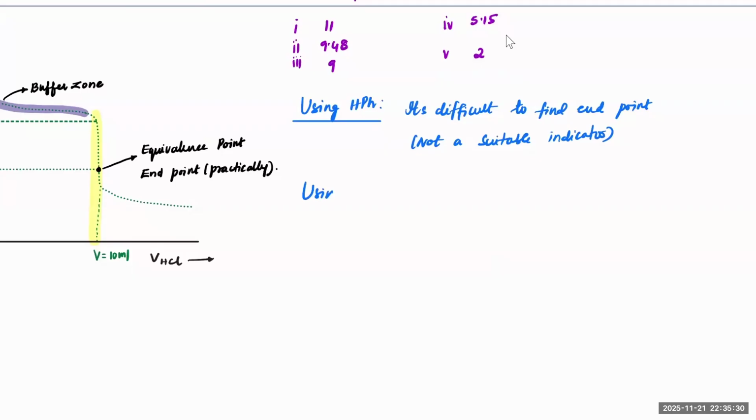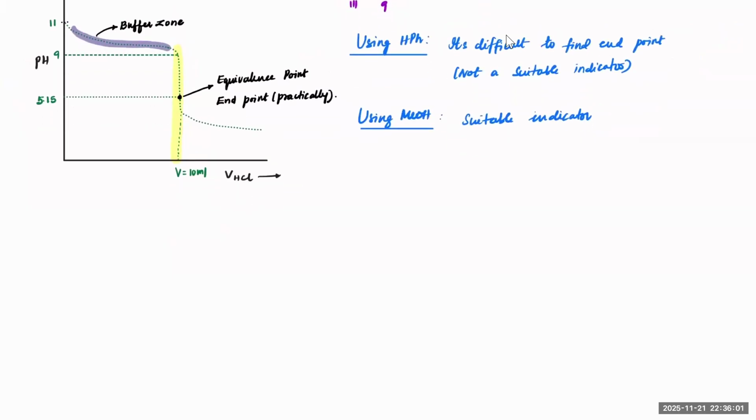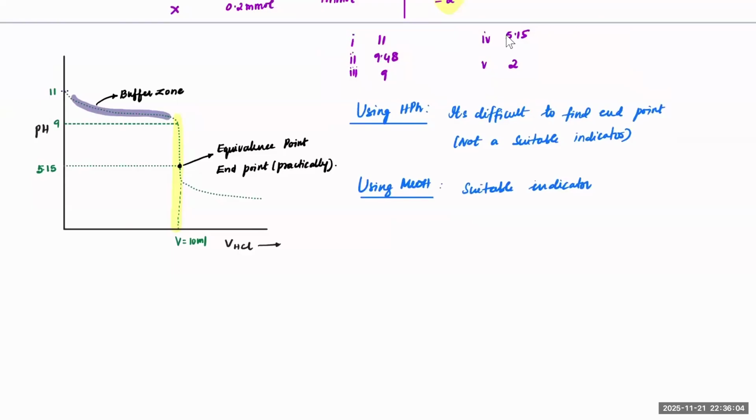But using methyl orange, it is a suitable indicator. Everybody clear?